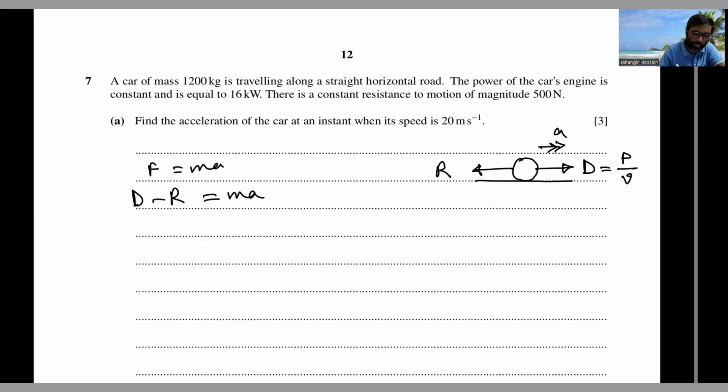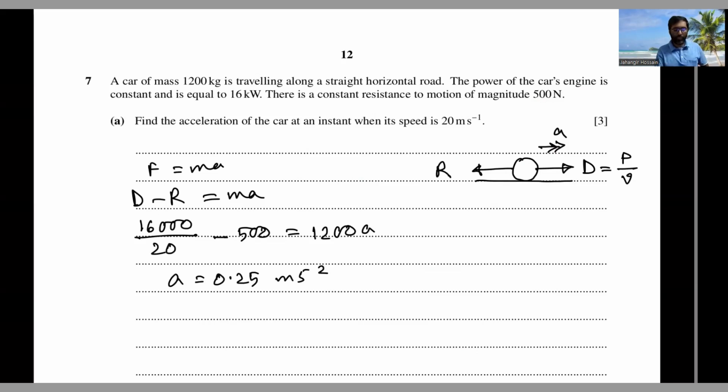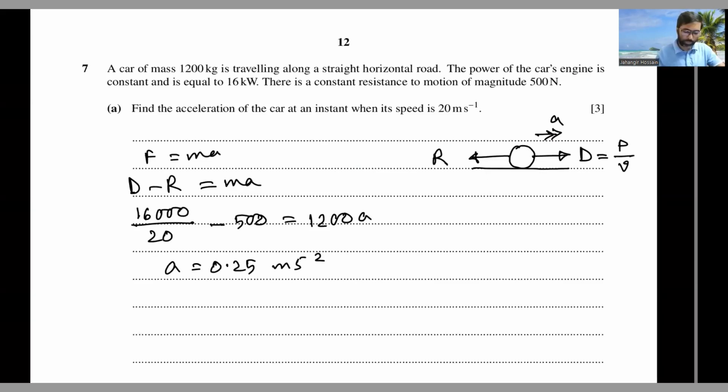D is power 16,000 by v, 20, minus R, which is 500, equals 1200 a. So A is 0.35 meters per second squared. That's part A. Now let's move on to part B.